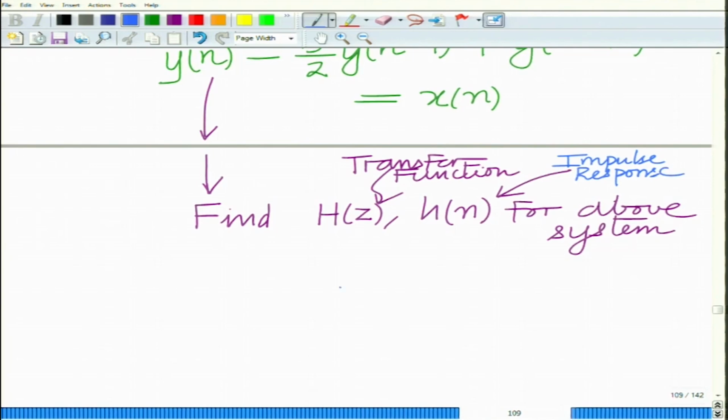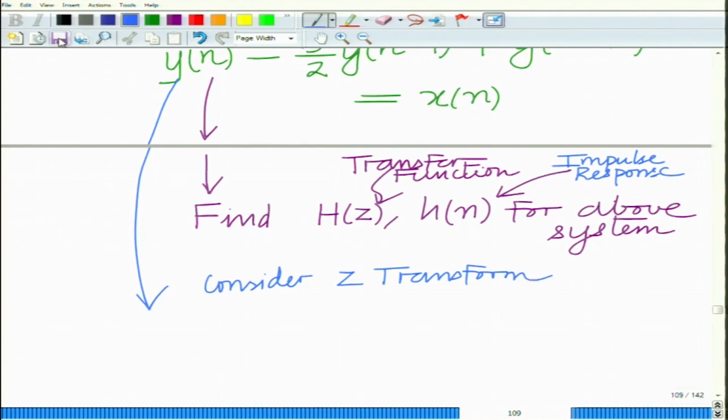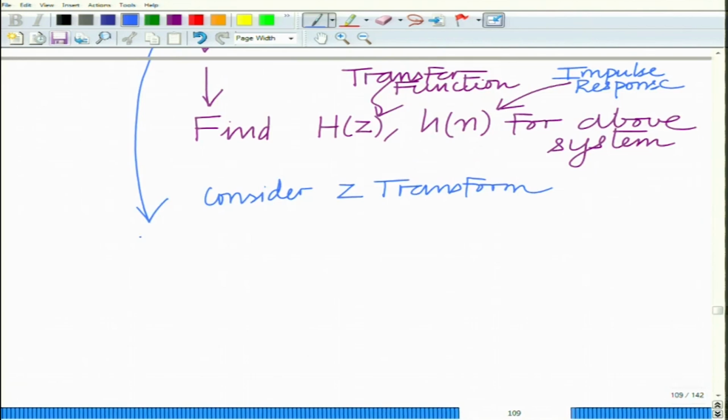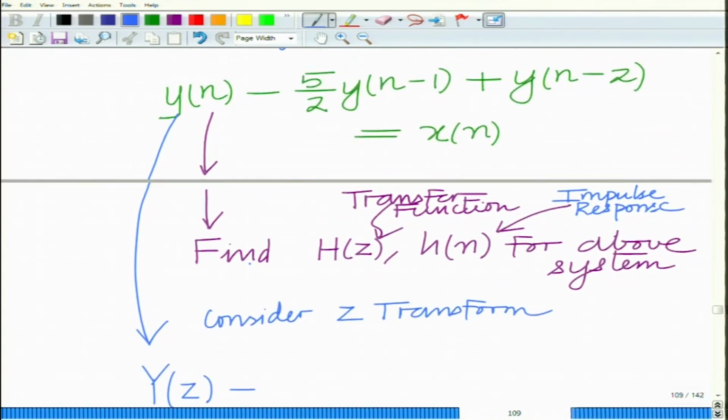Okay. And this can be done as follows. If we consider the Z transform on both sides, then if you take the Z transform of y[n], we denote it by Y(z). Now, the Z transform of y[n minus 1], remember this is the delayed version of y[n], therefore will be Y(z) times z inverse, that is Y(z) times z raised to minus 1.